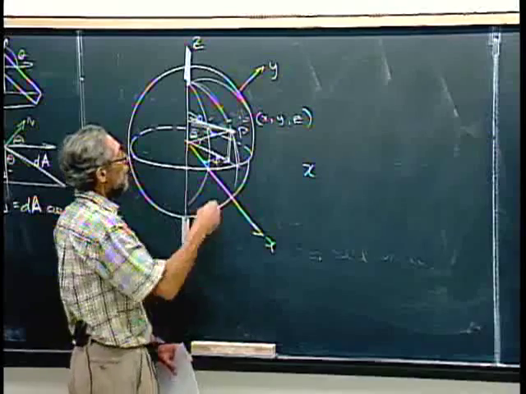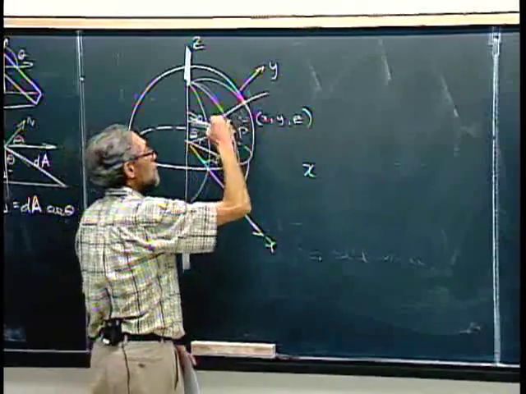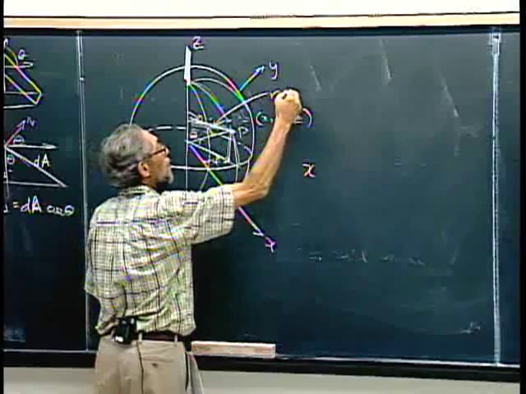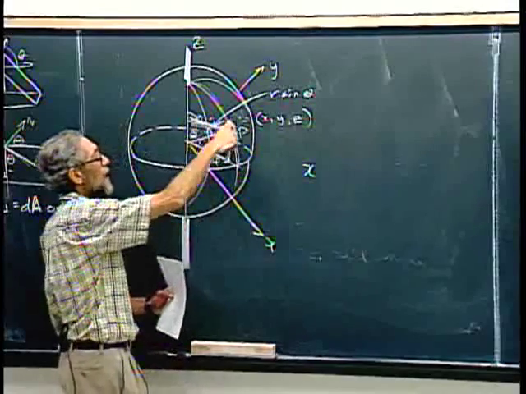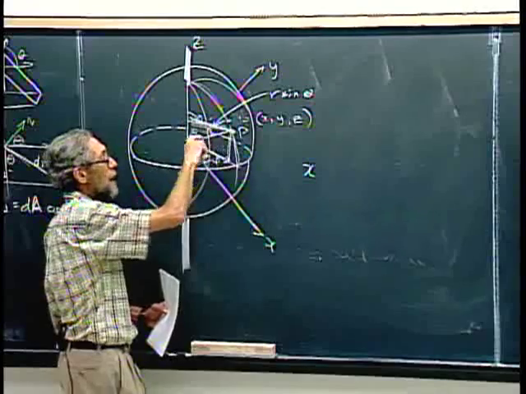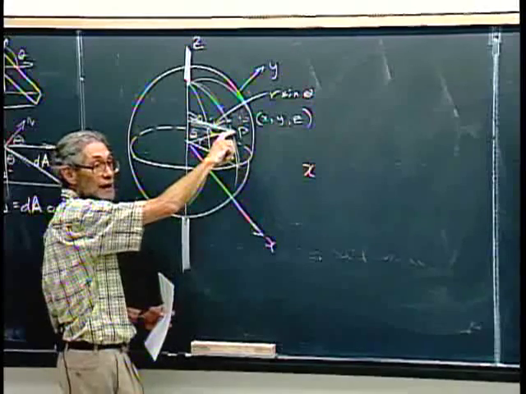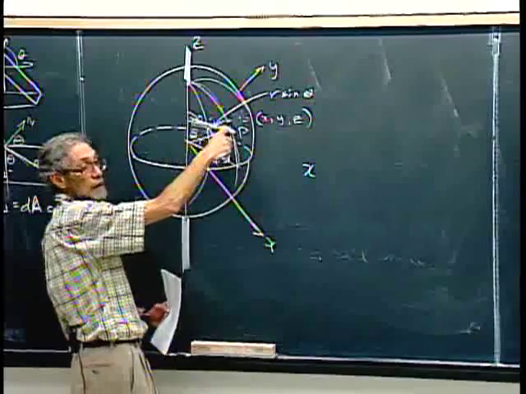So actually then it's not cosine theta. Because it's measured from the z-axis, this is actually r sine theta. Because the ratio of the side opposite to the hypotenuse is sine theta. So you multiply the hypotenuse by the sine theta to get the side opposite.